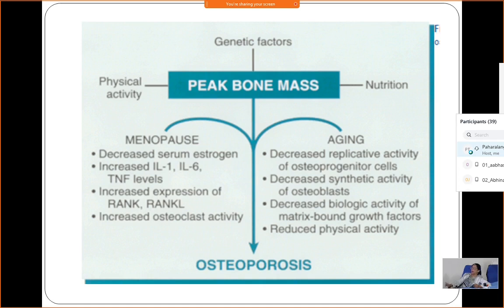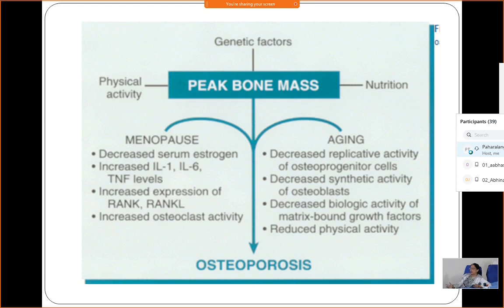Now, in addition to peak bone mass, there are certain things which add on as the person ages. One is aging, and the second is that in women it's also related to menopause. What are the problems due to aging? With aging, the replicative activity of the osteoprogenitor cells itself gets reduced.